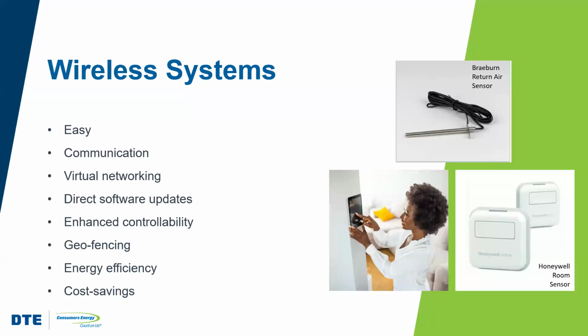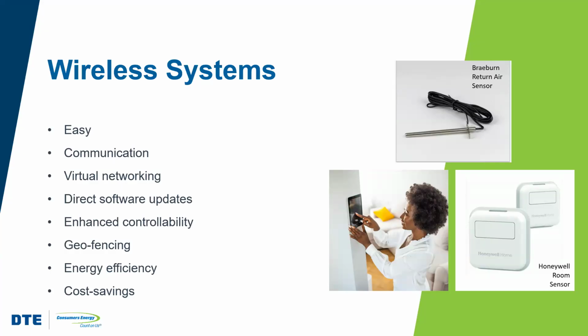Most wireless systems also incorporate machine learning, so they're able to save additional dollars by learning what the homeowner's preferences are. You can control accessories in the system. So, for example, you're not limited to just temperature, but you can control also humidity. You can control space temperature and conditions based on the motion of people within the home.